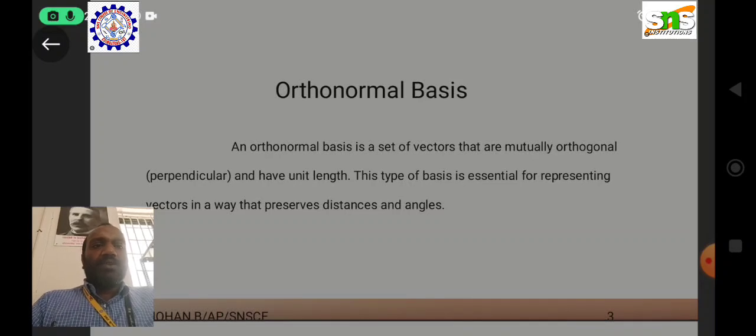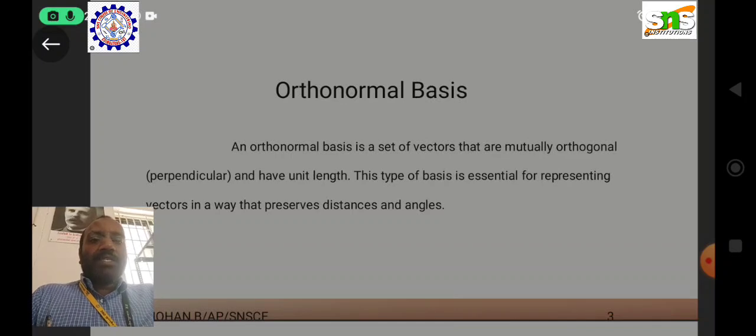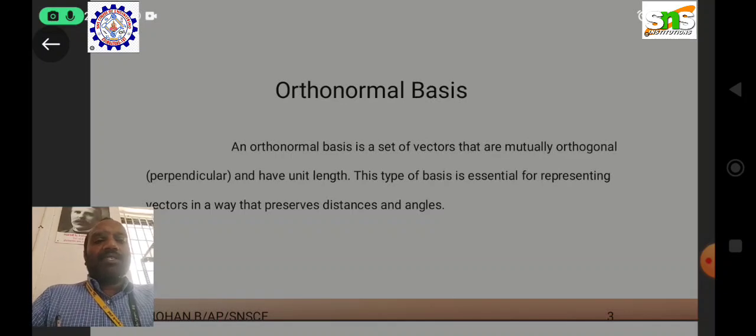An orthogonal basis is a set of vectors that are mutually orthogonal, that is, perpendicular, for example x1 transpose x2 and x1 transpose x3, of unit length. This type of basis is essential for representing vectors in a way that preserves distances and angles.